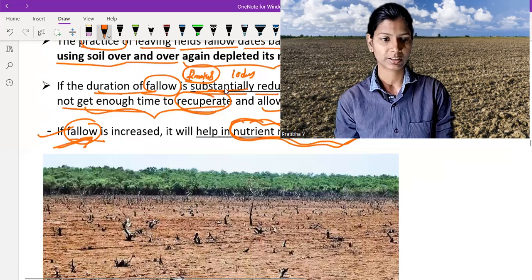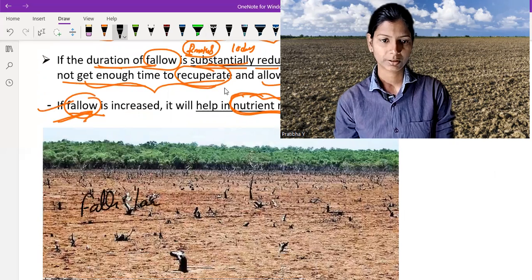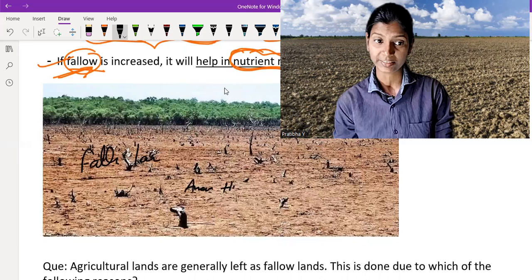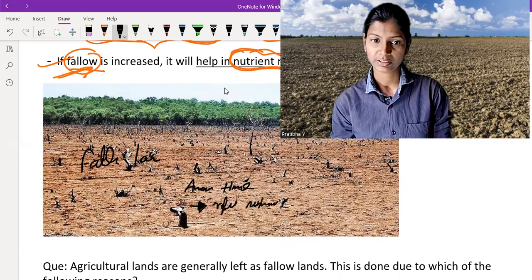In this picture, you can clearly see fallow land. This practice dates back to ancient times, when farmers realized that leaving their field for some amount of time without raising any crop replenishes their soil with nutrients, increases moisture, and natural fertilization like nitrogen fixation happens automatically.